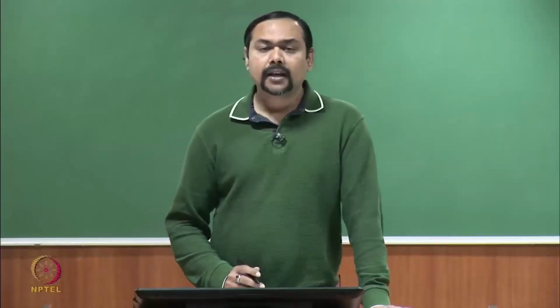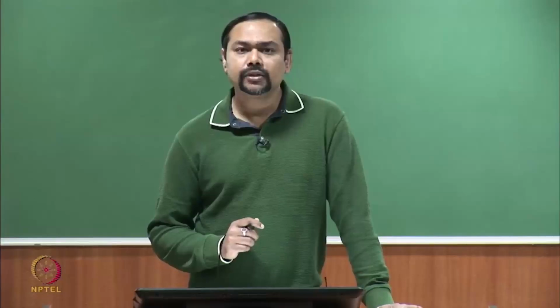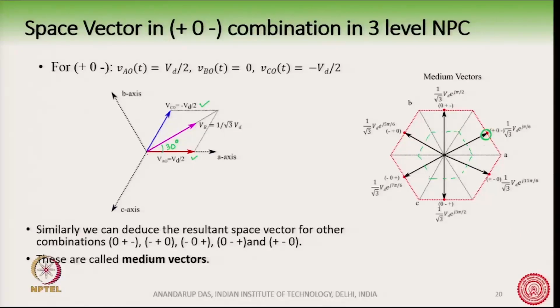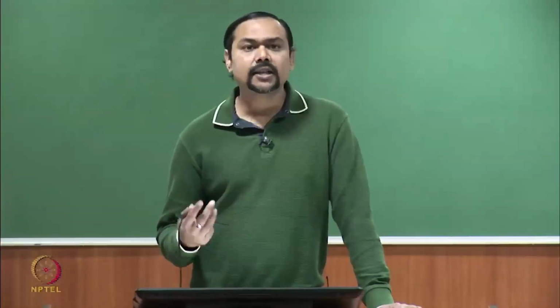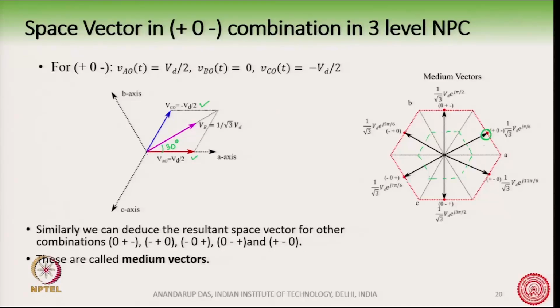There are 6 switching state combinations that produce these medium vectors, and these are given here, say like plus 0 minus. Medium vectors are made with one phase as plus, one phase as minus, and the other phase as 0. So, these will make the medium vectors as shown in the diagram.